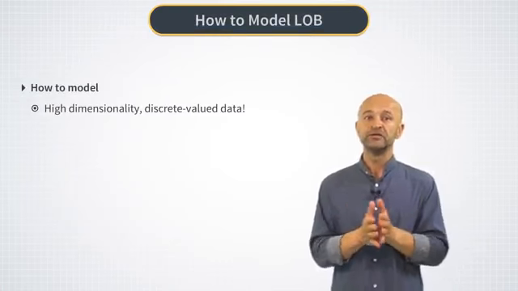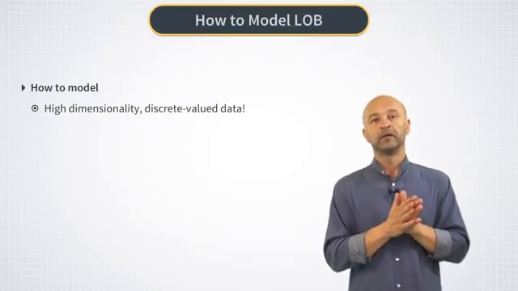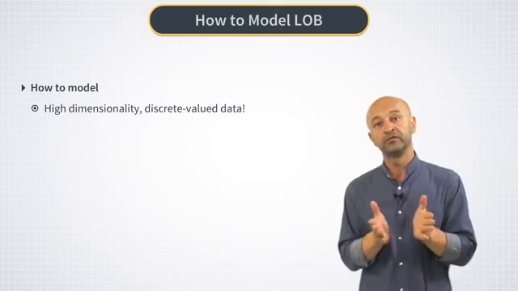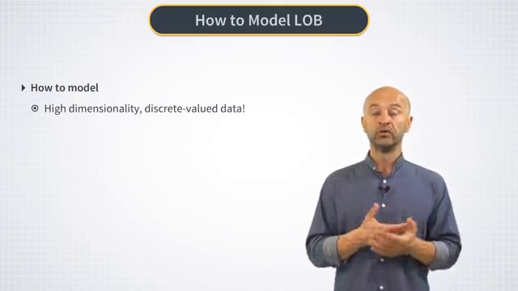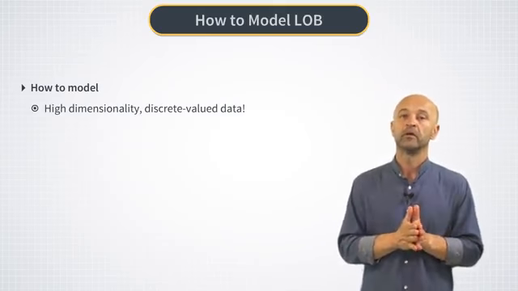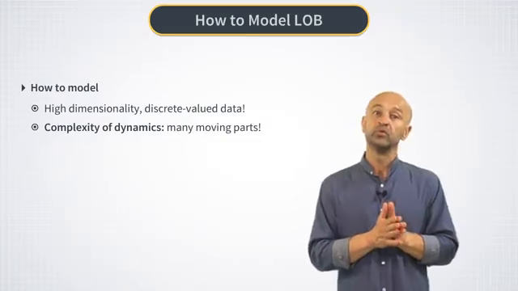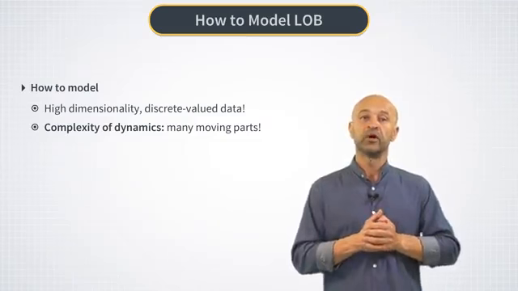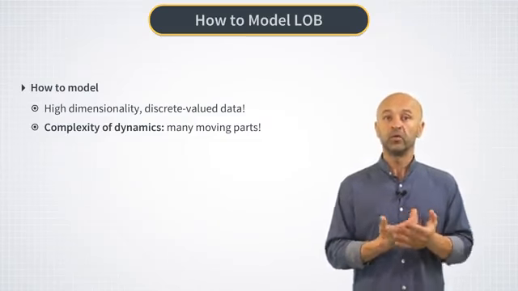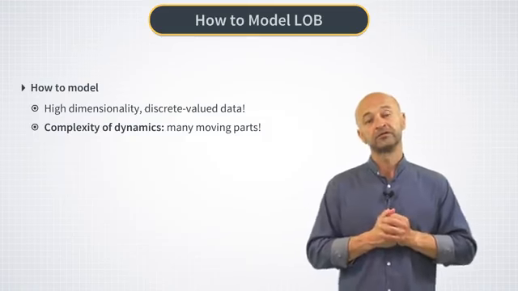So the decision space is high-dimensional and discrete. And if we want to trade a few stocks simultaneously, the dimensionality will increase exponentially. The dynamics of the LOB is also quite complex, as it has so many moving parts. So a big question is what kind of models will work best for such settings.